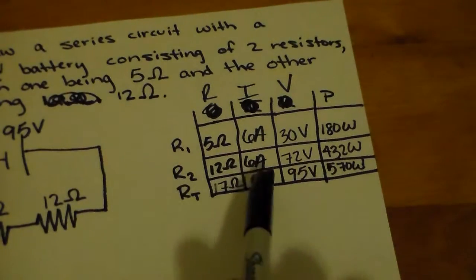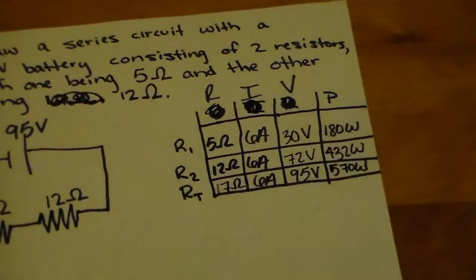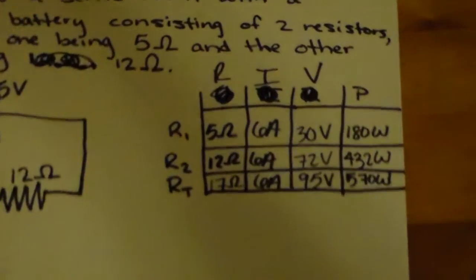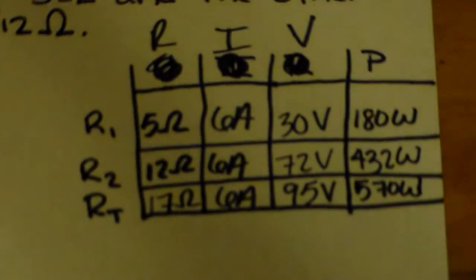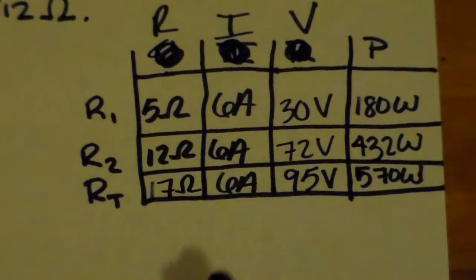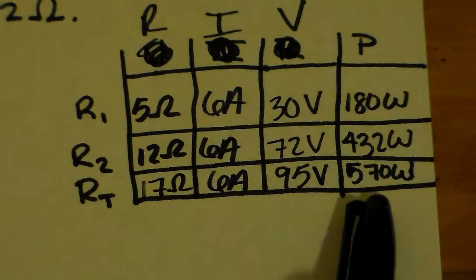For the second resistor, I did 6 times 72. That got me 432 watts. Let me just zoom it in here real quick. And for the total, I did 6 times 95, and that got me 570 watts.